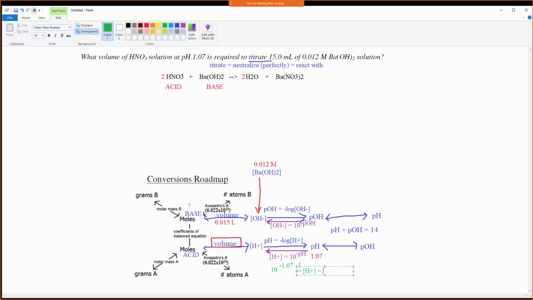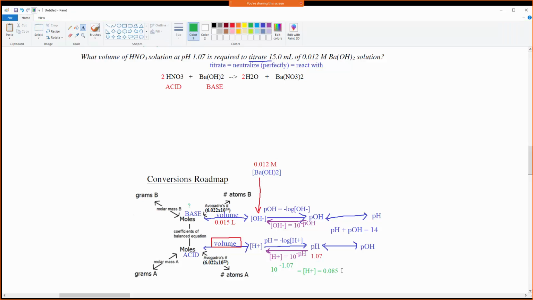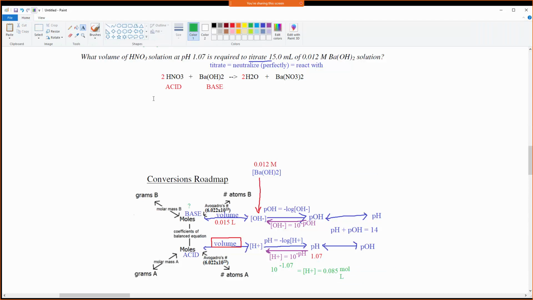And that is 0.085. I believe you, that sounds about right. Yep, sure enough. Okay, and that's moles per liter, right? Moles per liter. Okay. Now what?